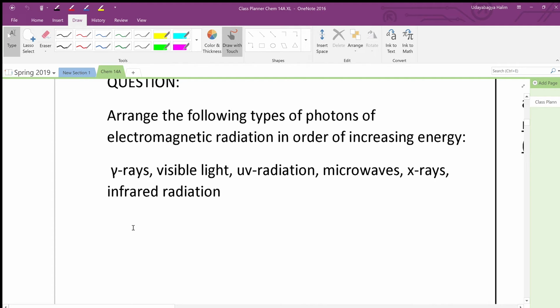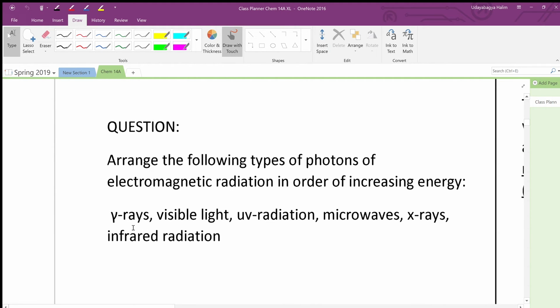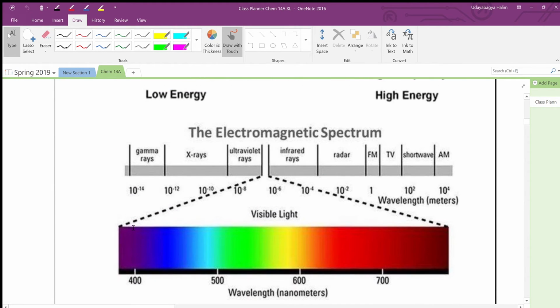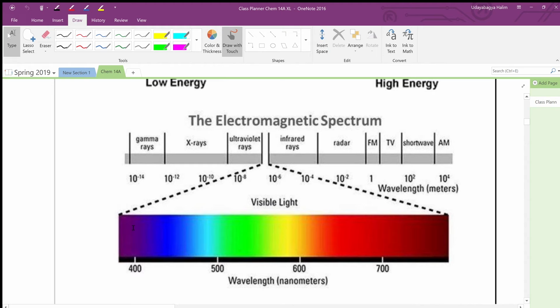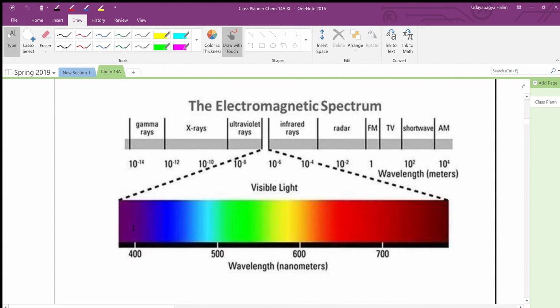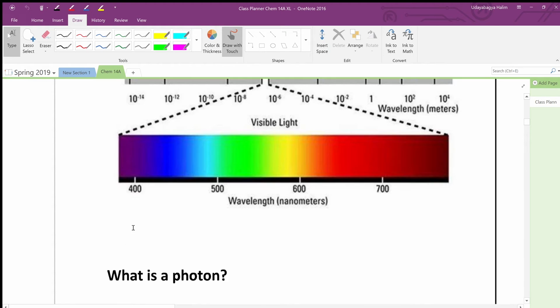For now, I'd like you to tell me which type of photon has the highest energy and which has the lowest energy, and so on, from this list here. You have some things on the top to help guide you. The spectrum is written in terms of frequency as well as wavelength, but not in energy.